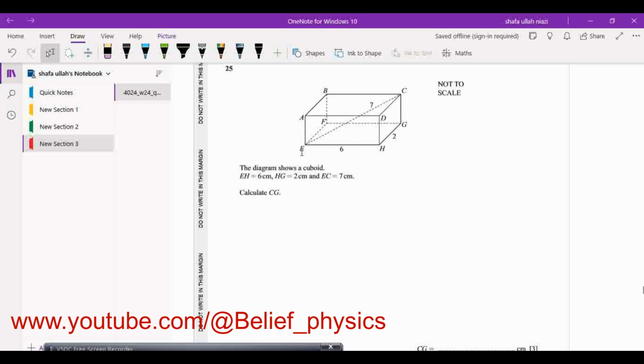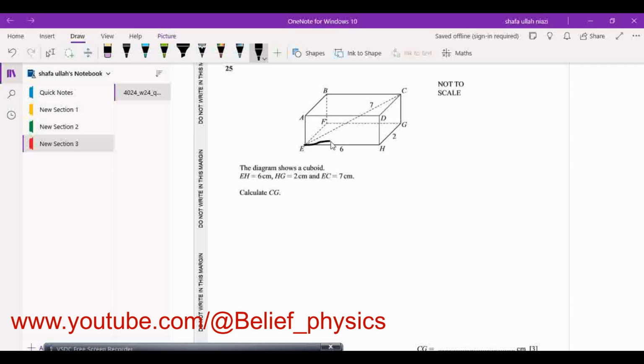Because EC is 7 centimeter and this is 6, this is 2. We have to find the CG. Since this is 2 and 6, first we find EG.